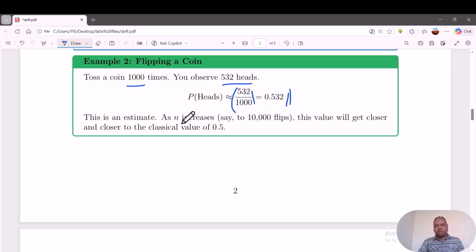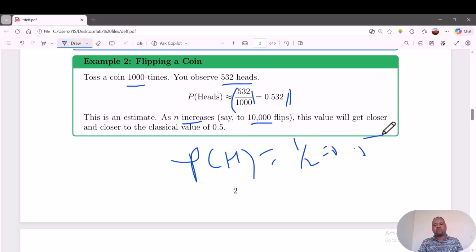As n increases, say up to 10,000 flips, this value will get closer and closer to the classical value of 0.5. Recall that based on the classical approach, the probability of getting a head is 1 over 2, which is 0.5, right? This is fixed in any independent trial of tossing a coin once, twice, or 3 times, right?